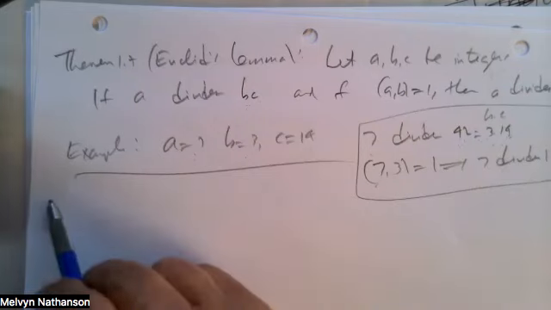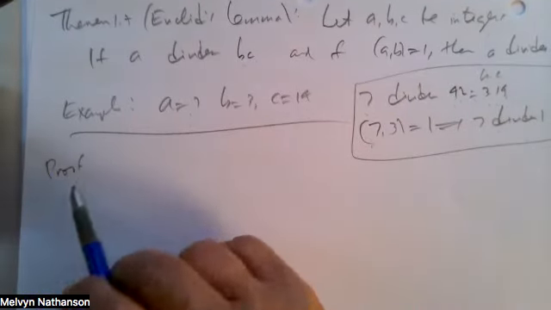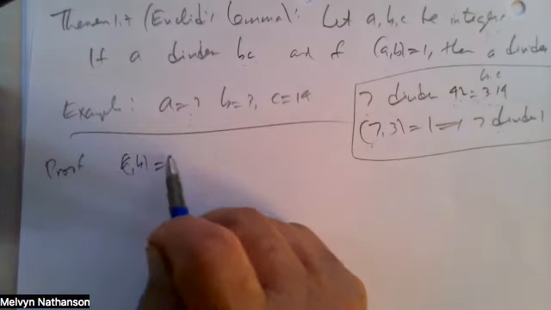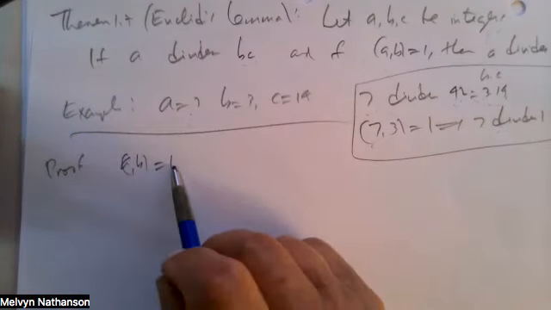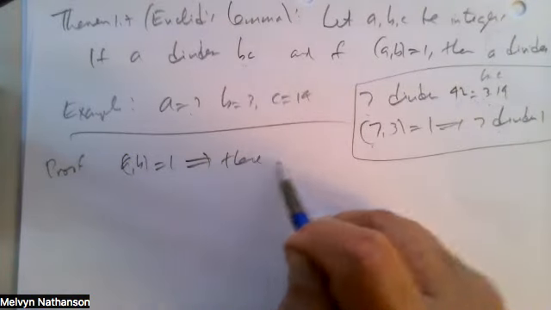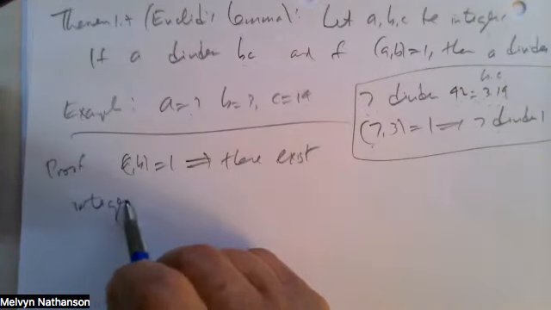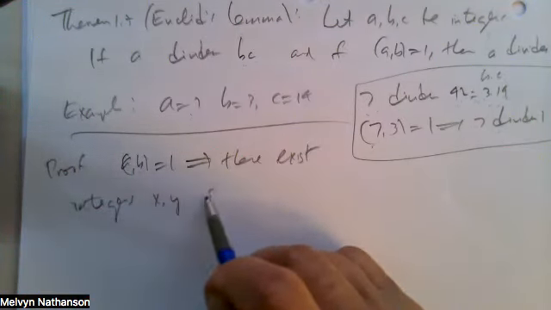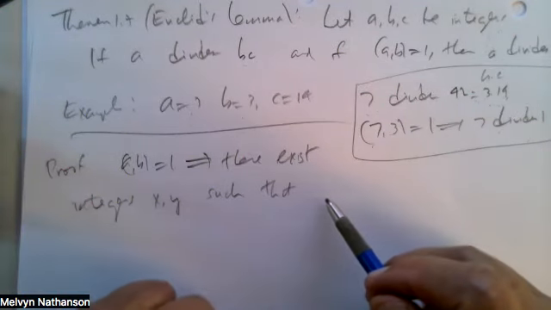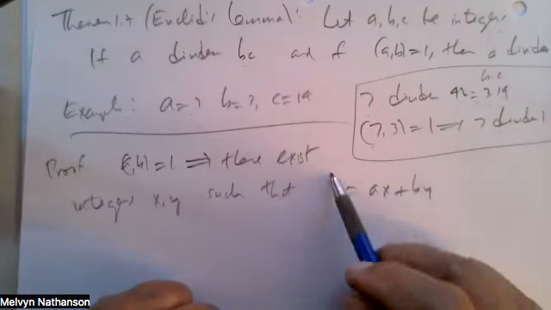So how do we prove Euclid's lemma? This is a very important proof to understand. If A and B are relatively prime, that is, if the greatest common divisor of A and B is 1, this implies there exist integers x and y such that 1 is ax plus by.